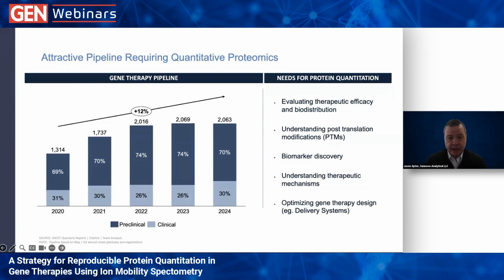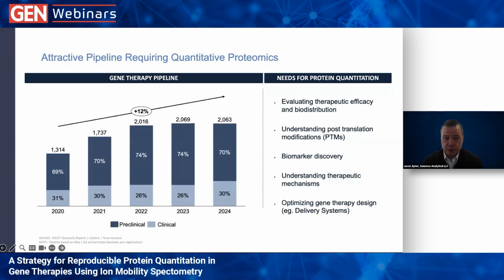You can see from the chart that we've now come to a point where we've got over 2,000 therapies in the pipeline, both in the preclinical stages and in the clinical stages. And an interesting thing that we're seeing is that as we move forward, while the number of assets in the pipeline has not grown over the past few years, the progression of assets from preclinical to clinical is actually starting to grow a lot more, which is very exciting.